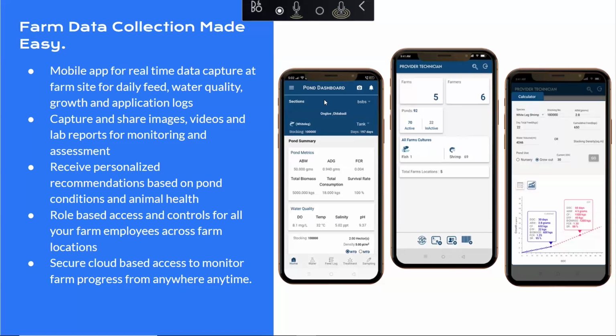All day-to-day activities can be logged in this, and this is pond specific. For each pond he can add all the activities done in a day, and external factors like climate are captured by our application by itself. Wind, rain, weather conditions, everything is done automatically.